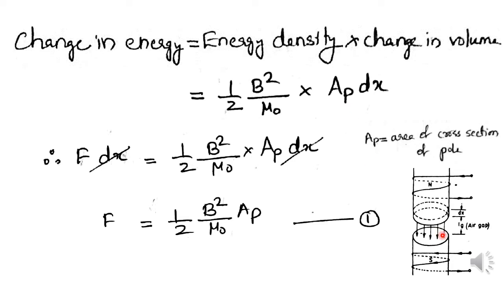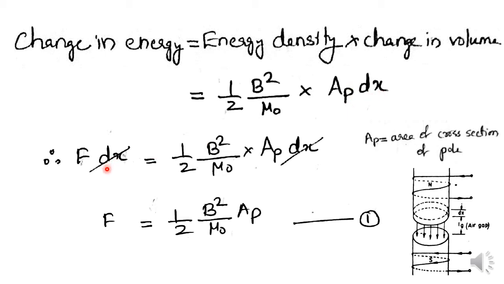AP is the cross-sectional area of the pole, one of the poles which shifted through a distance dx, and dx is the distance traveled. So this is the volume. The portion between these two dotted lines is the change in volume. Thus, change in volume is the product of area and distance.